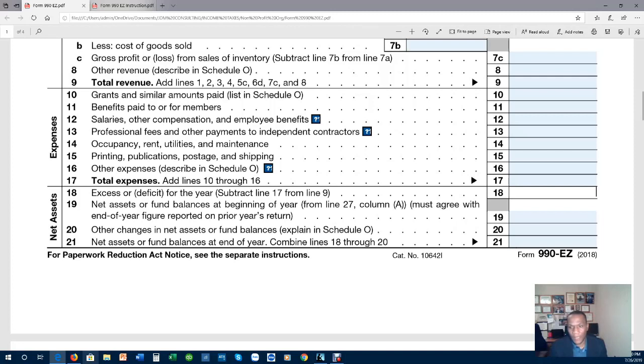So from line 27 on column A from the previous year. And line 20, these are your net assets, basically, for this section from line 18 through line 21. Line 20 is other changes in net assets or fund balances explained on Schedule O. So Schedule O has to be completed prior for you to fill out this line. Net assets or fund balances at the end of the year: combine line 18 through line 20 to indicate net assets or fund balances at the end of the year.